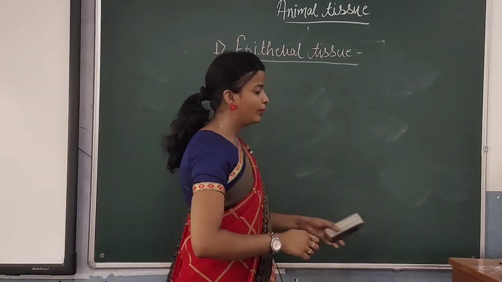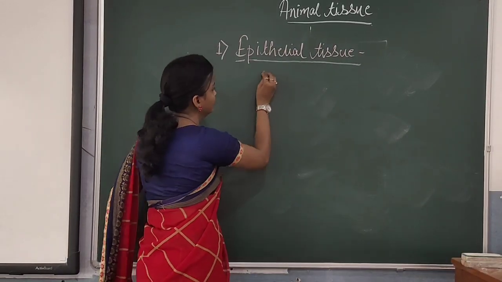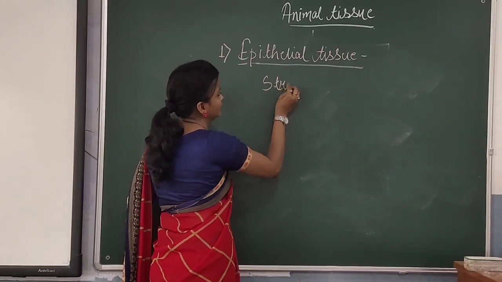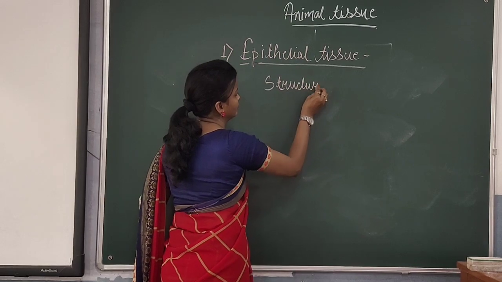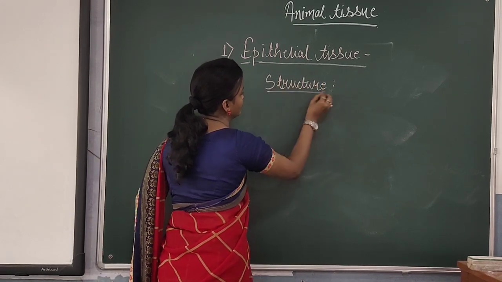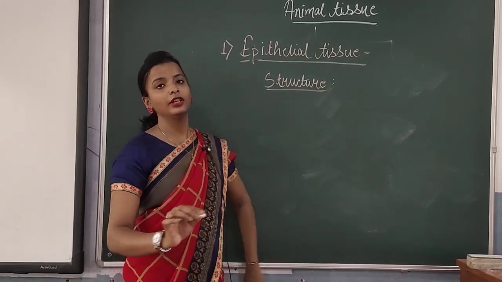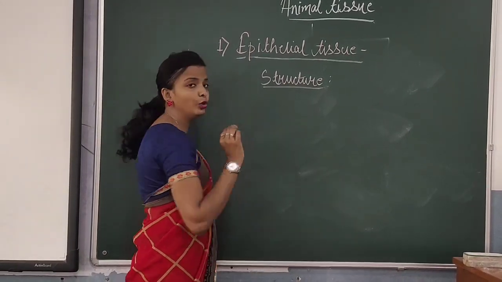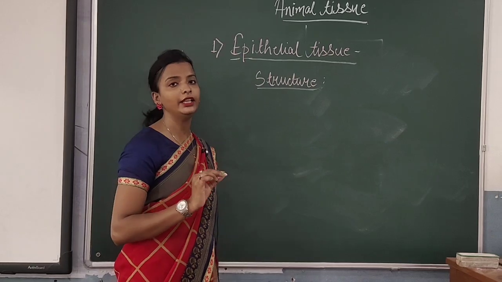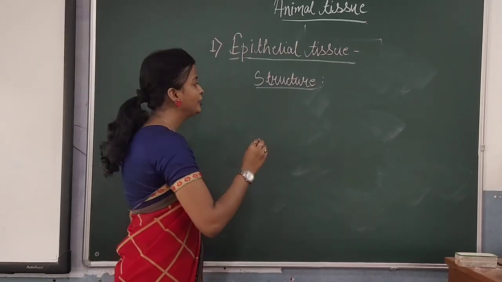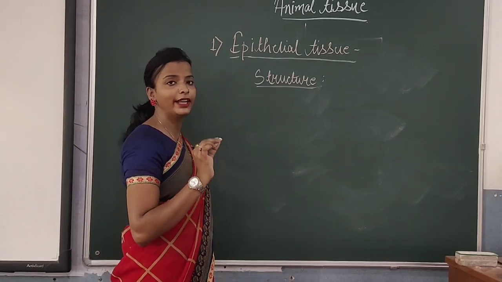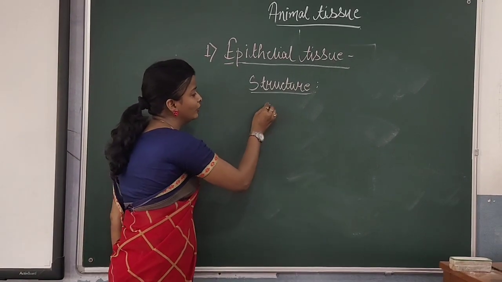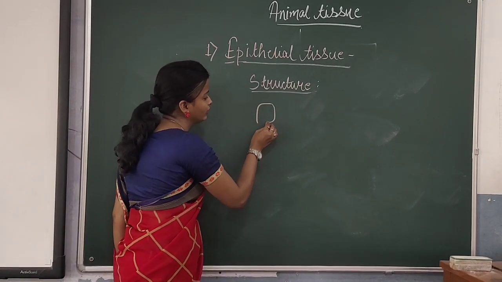Now when we talk about the structure, they are closely packed cells. So the first thing, they are closely packed cells without any intercellular spaces, and generally they are cuboidal or rectangular in shape.